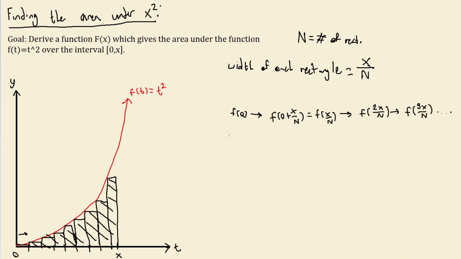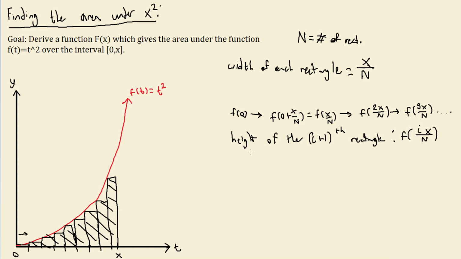One way of expressing this succinctly would be to say that the height of the, let's see here, I already used n as my number of rectangles variable, so I'll say the I plus 1th rectangle would be given by f of I times x over n.